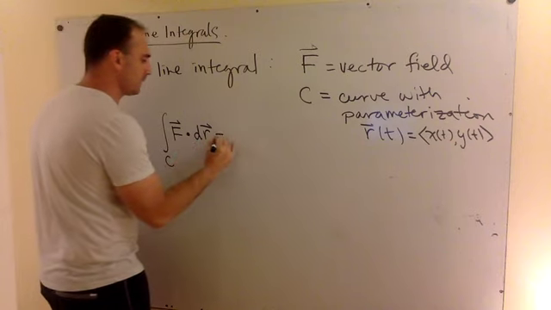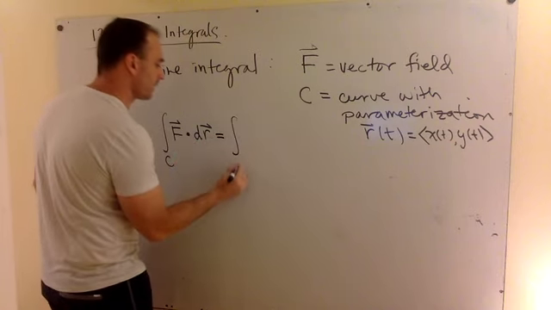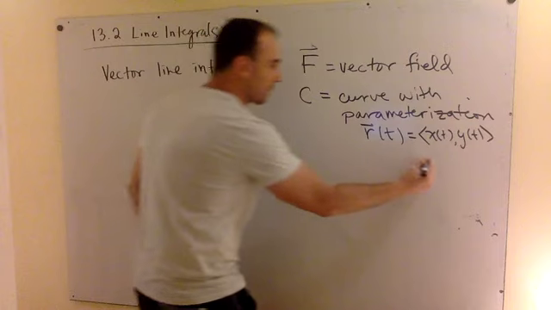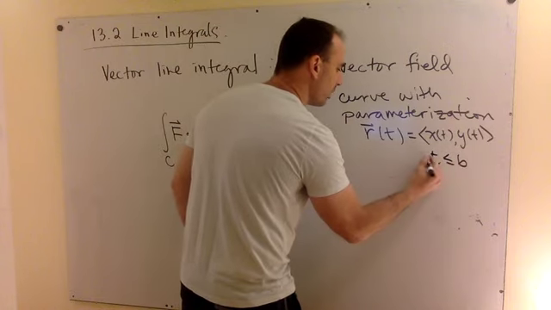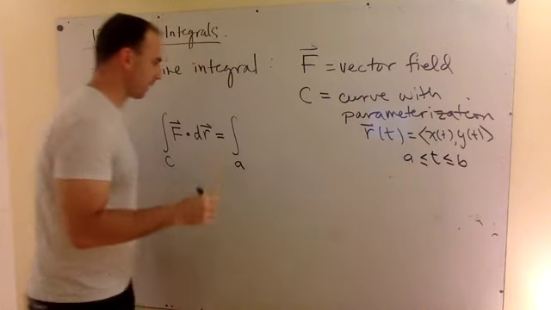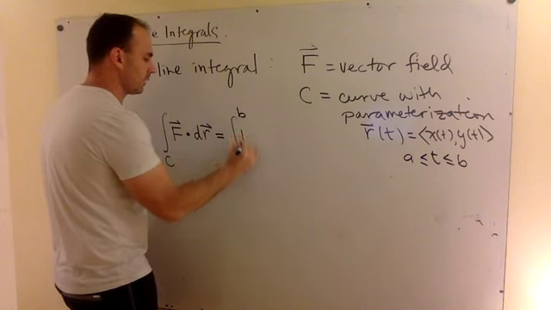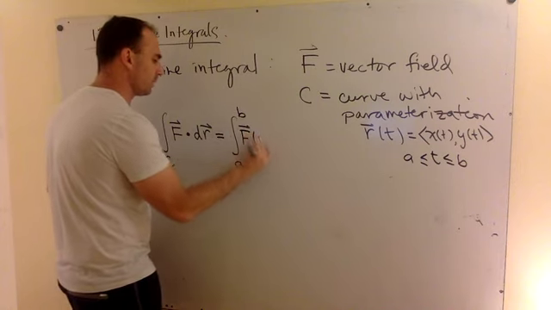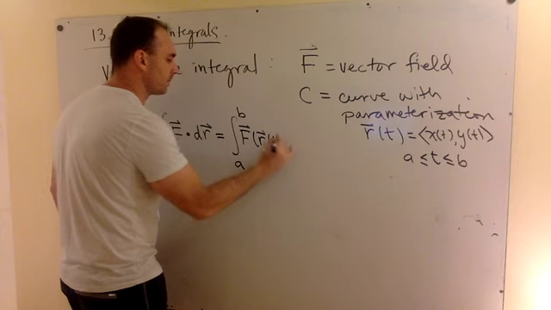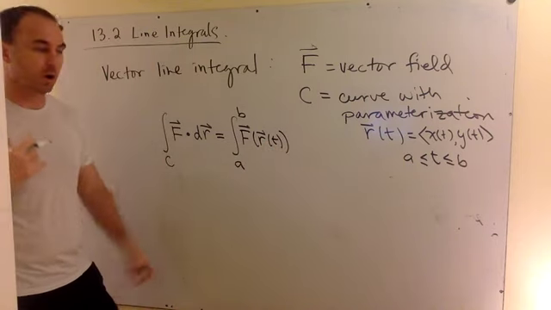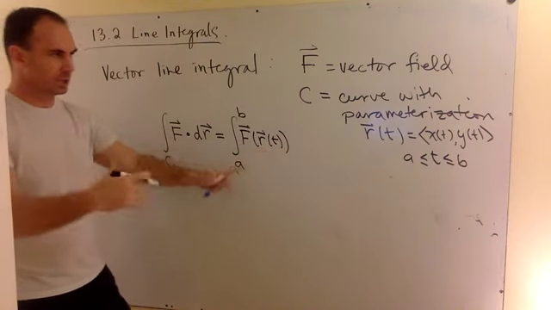My parameterization is going to range over some interval from t equals a to b. What I do is plug all of the points of my parameterization into my vector field.